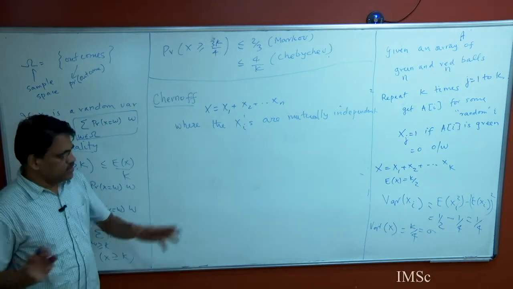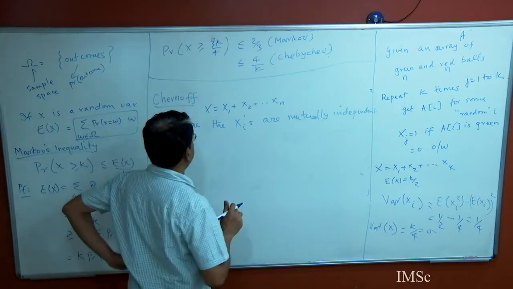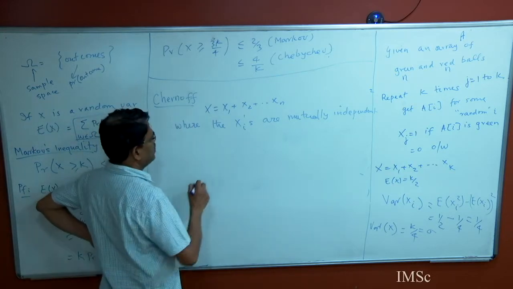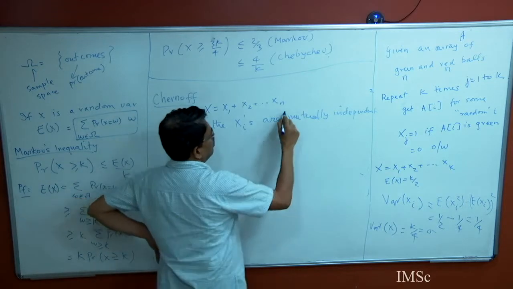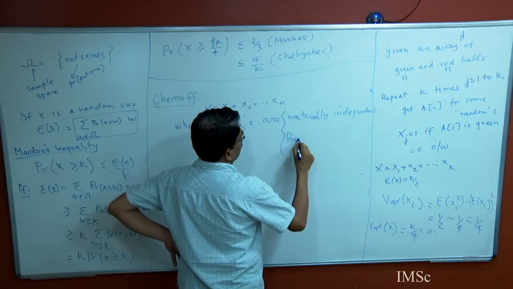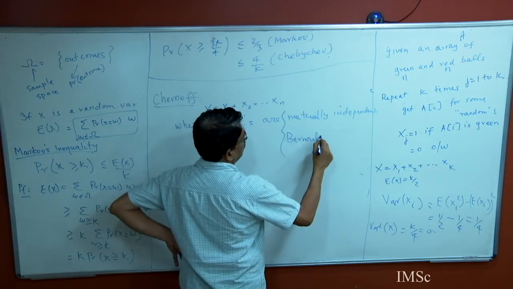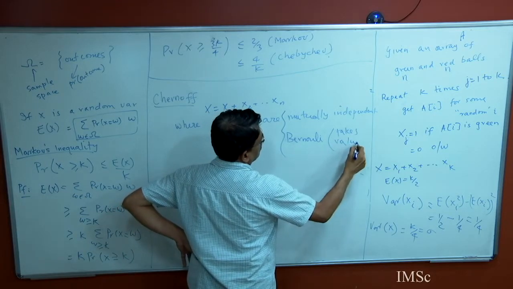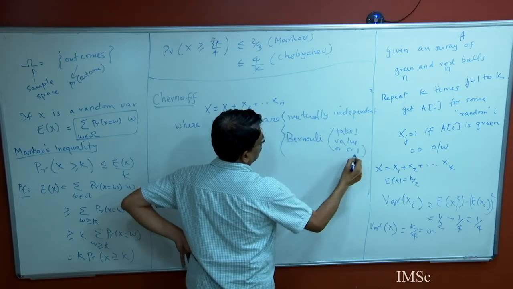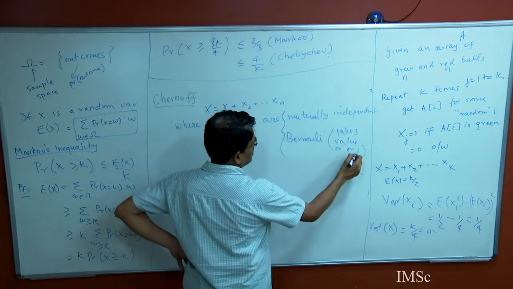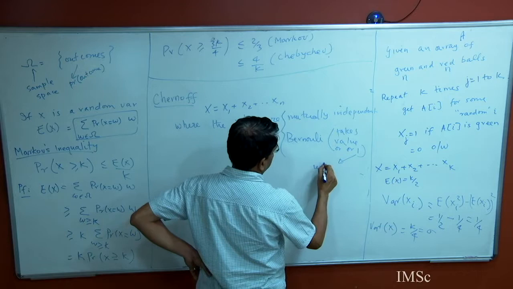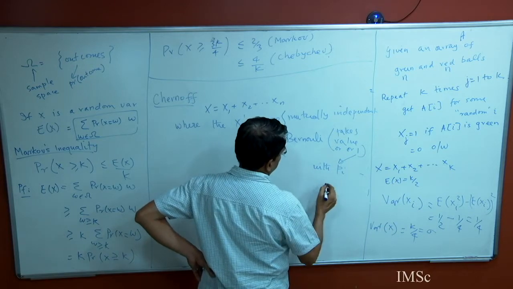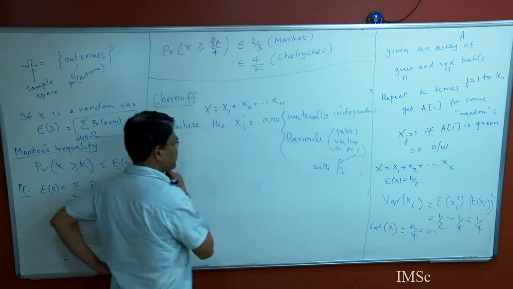We'll see some dependent events to understand this notion of independence. Also they're called Bernoulli, which means each takes value 0 or 1. So essentially, let's say 1 with probability pi and 0 with probability 1 minus pi.